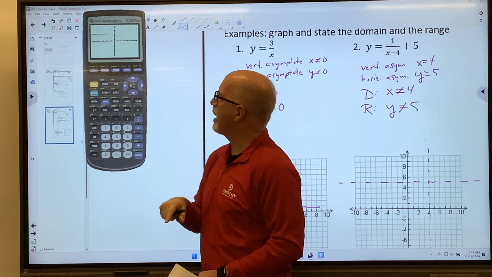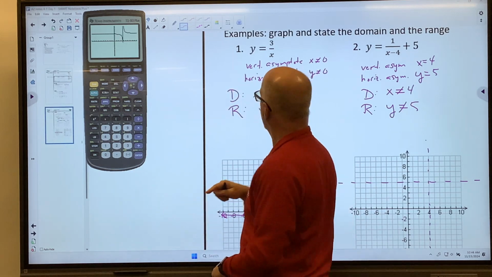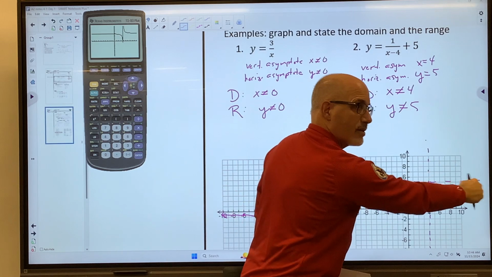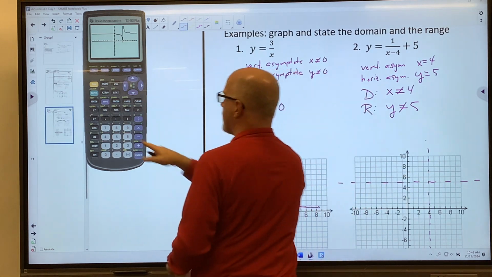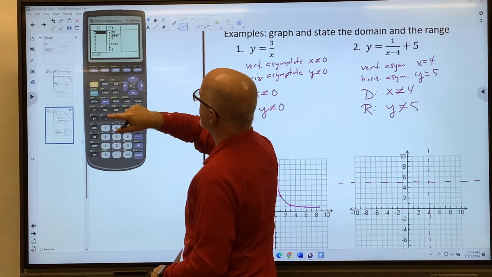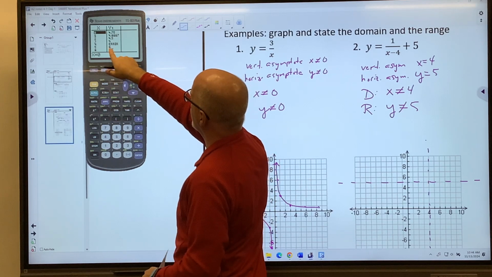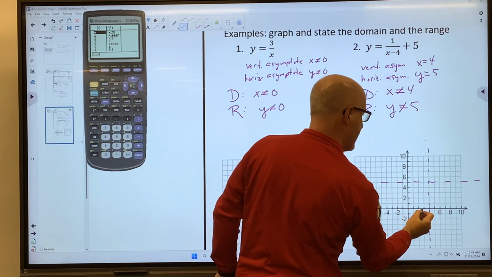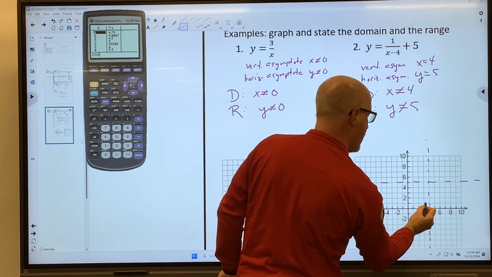So looking at my graph, here's the graph goes like this and like this, okay, on it. And looking at the table, you can get some values just to get it started. So I'm going to go with 3 with 4, 2 with 4.5. So 3 goes with 4.